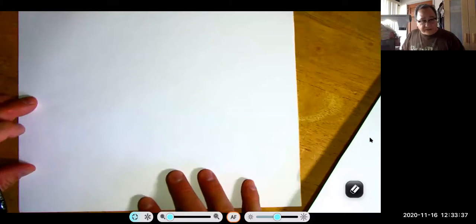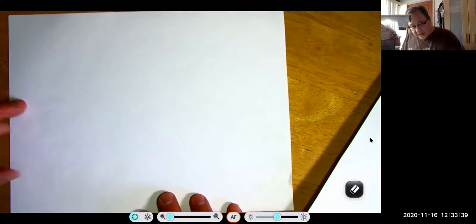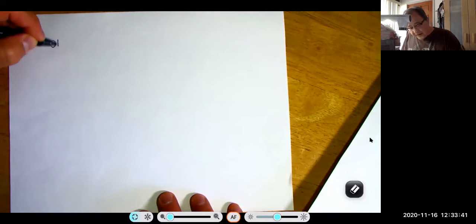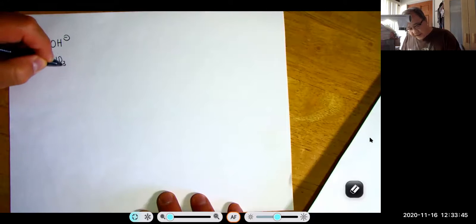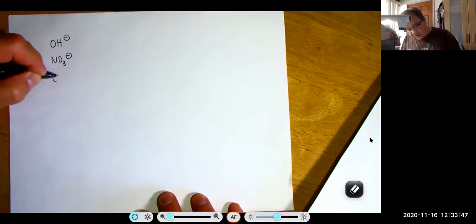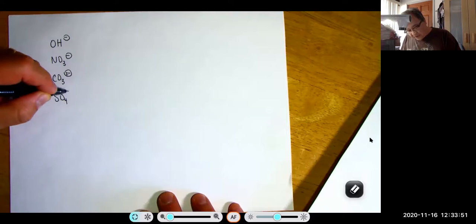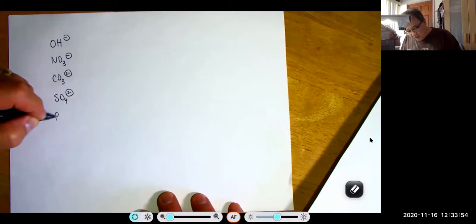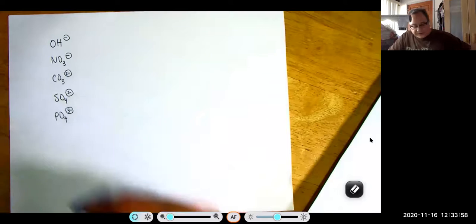So here are different examples of these oxoanions. You could actually consider OH minus to be an oxyanion, but there's NO3 -1, CO3 -2, SO4 -2, PO4 -3.